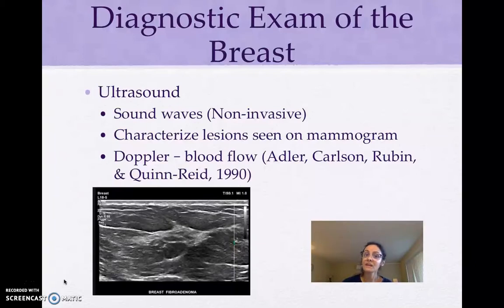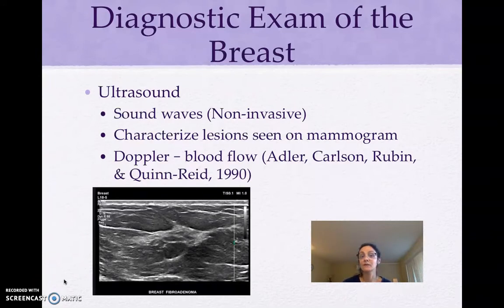The ultrasound decides if the lesion is cystic or solid, and then with the color Doppler, they decide the blood flow to that lesion. If there is any vascularity or there is no vascularity, they decide all of this with the ultrasound.